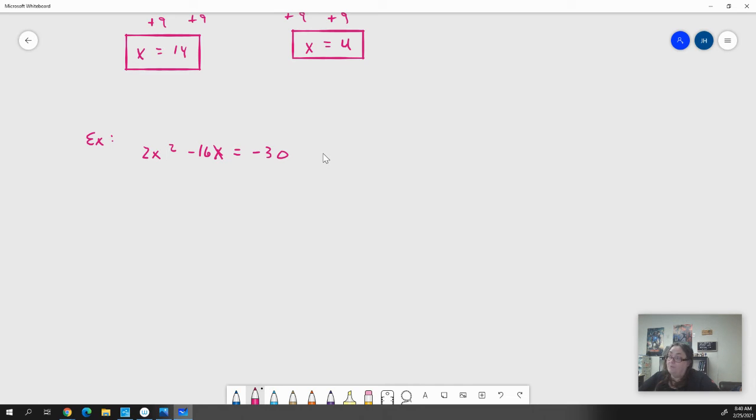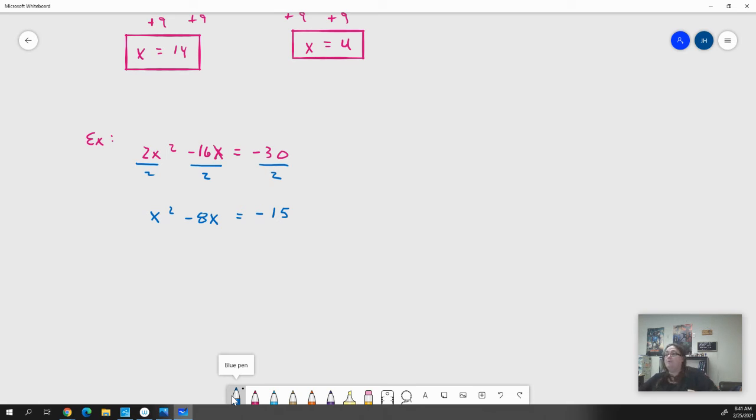So I'm going to move on to the next step, which is divide by our a term. If our a term isn't 1, we have to do the math on that. We have to divide every piece by 2 so that we're left with x squared minus 8x equals negative 15.